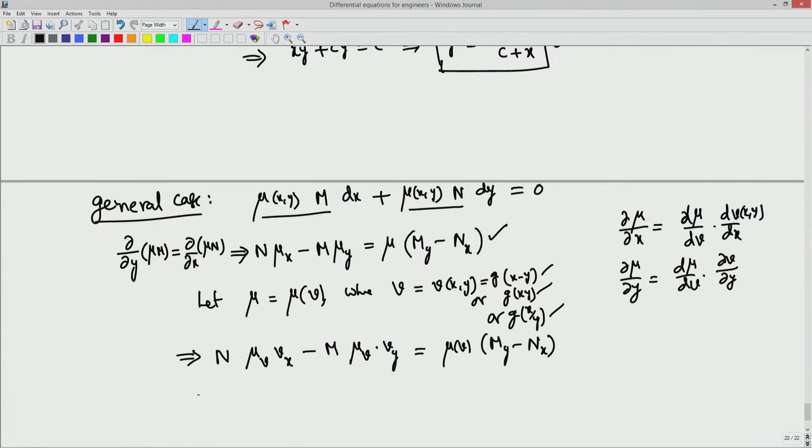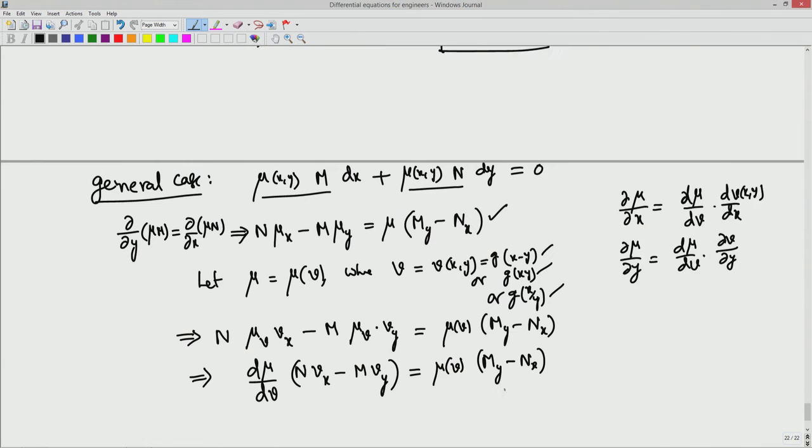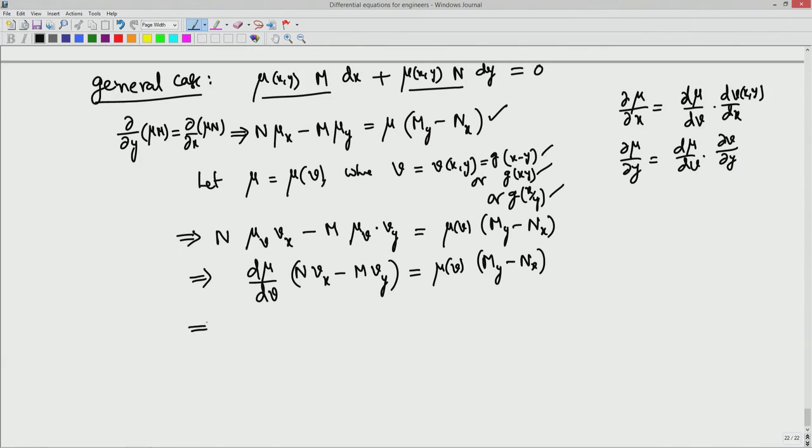Okay. That implies, what is this? d mu by dv. Mu v is common, that I write d mu by dv into n vx minus m vy equal to mu, a function of v, my minus nx. So this implies, you see, this mu is one variable, d mu, and the other things are n vx minus m vy.